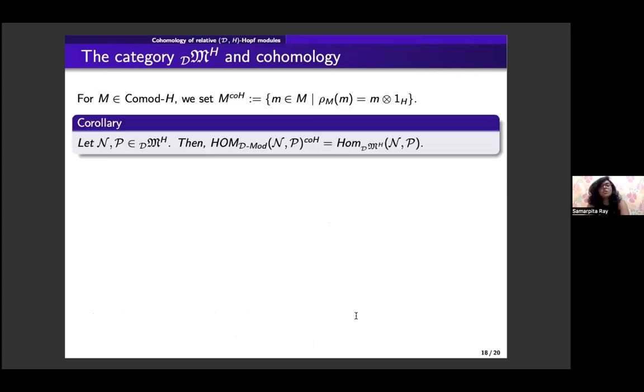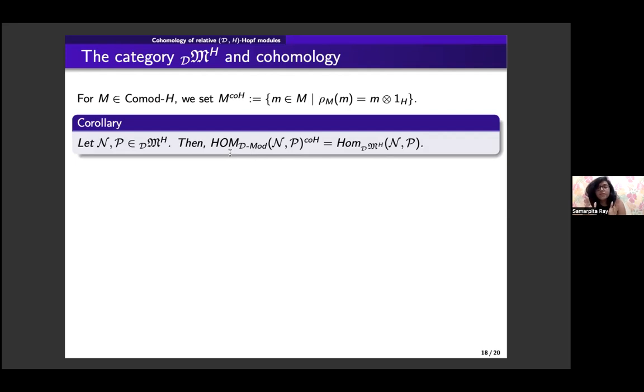So now we consider this. Just like H invariants, we can consider the H coinvariants, and one can show that the morphisms in the category of relative modules are captured as the coinvariants of the internal Hom in the original category of D modules, but not the real Hom.